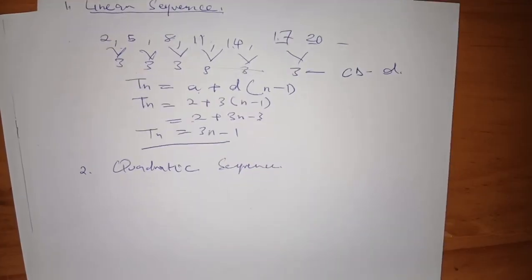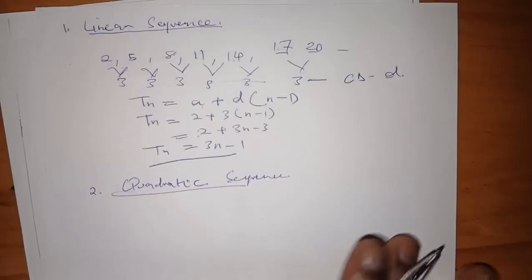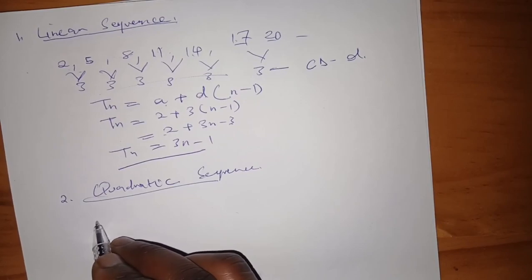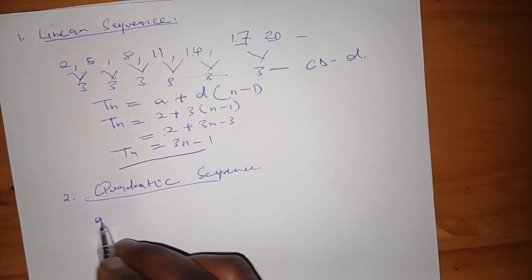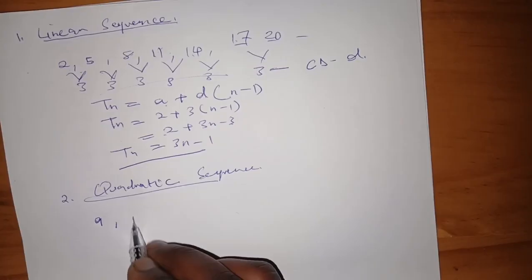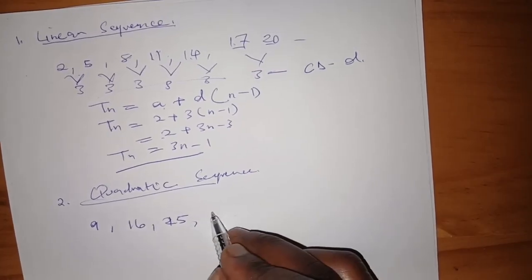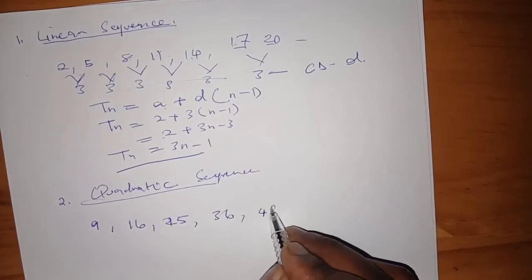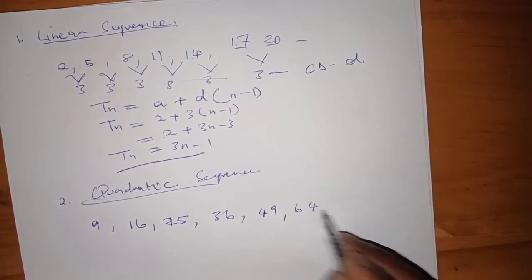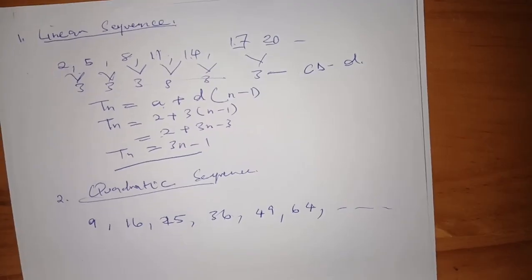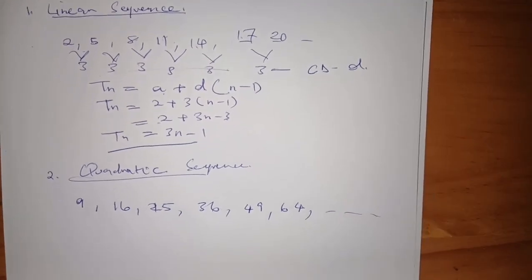What you should notice about a quadratic sequence is that it's a sequence of this form: 9, 16, 25, 36, 49, 64, and so forth. Now let's try to understand the pattern of a quadratic sequence.